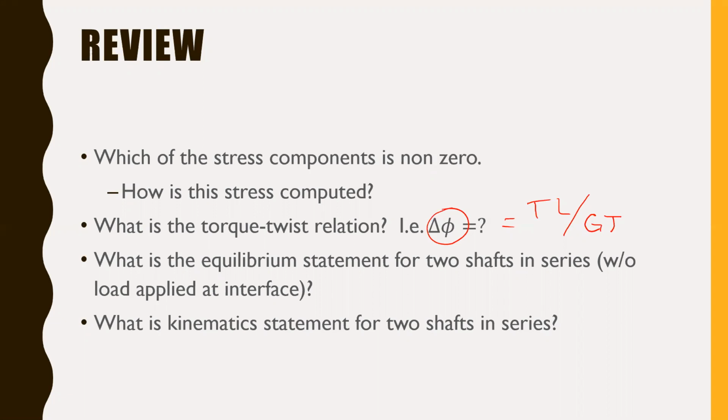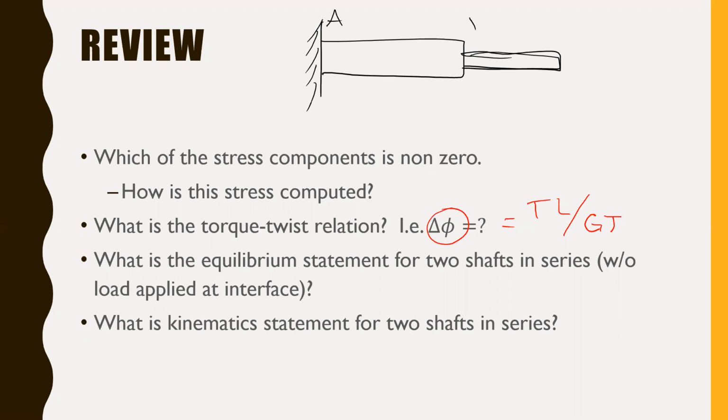And what is the equilibrium statement for two shafts in series? So that would mean I have a fixed end, and we'll call these points A, B, C. What is my equilibrium statement? F1 equals F2.